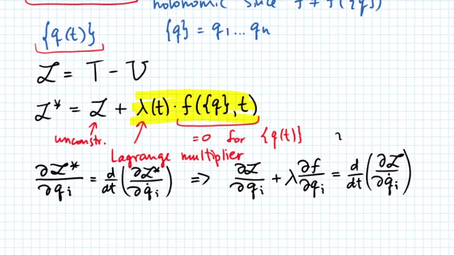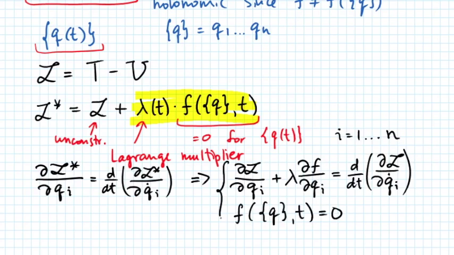These n equations plus the constraint itself now form the equations of motion for the system subject to this holonomic constraint.